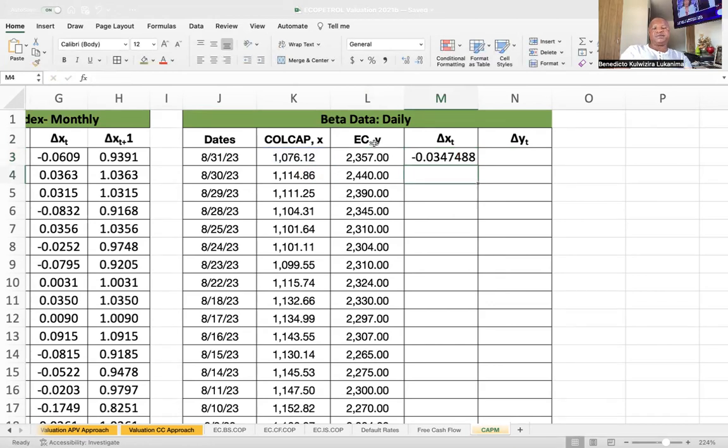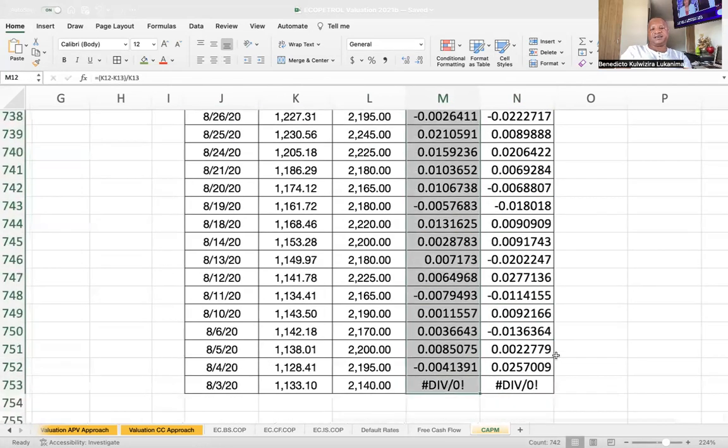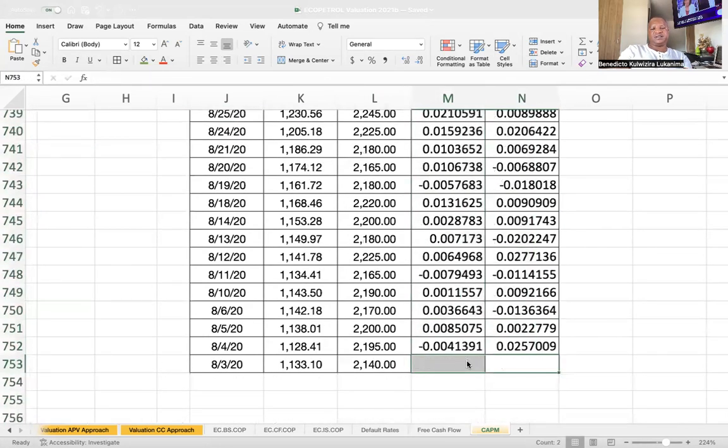And this will apply to Ecopetrol. It is Y, so I can just drag that because the formula is the same, and then it will be calculated throughout. Take note, the last one should not have anything, because there's no data in the previous observations.